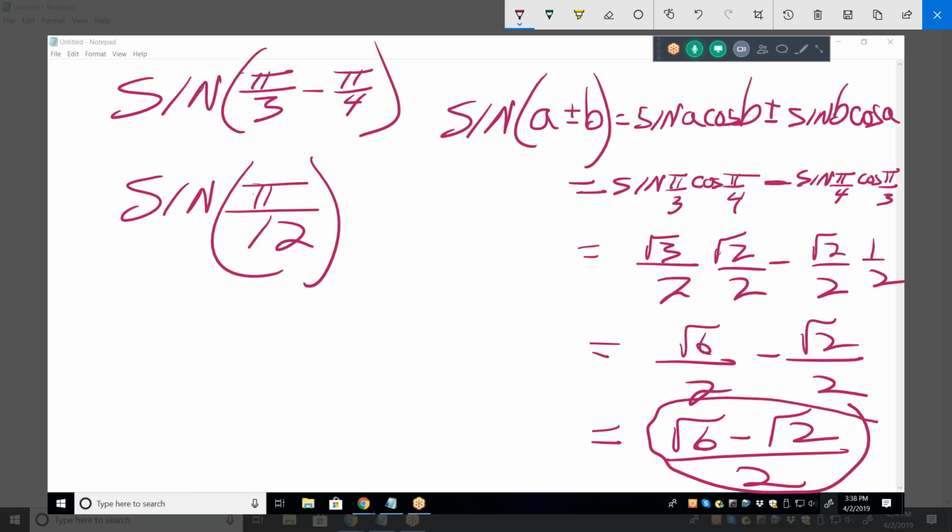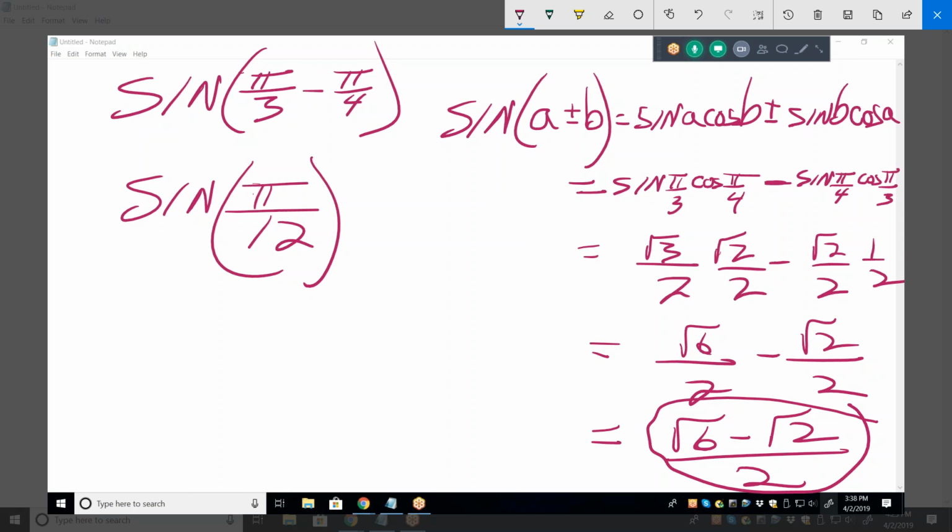Now, there's another way to do it. Let's look at the other way. Let's use the half angle formula. Let me think about this for a second. So we have to double this.